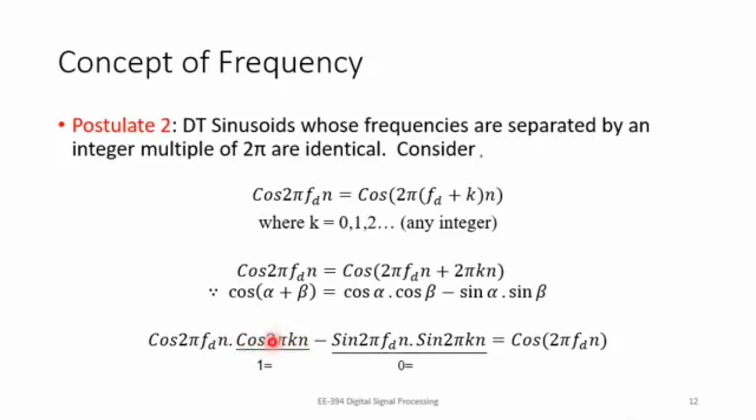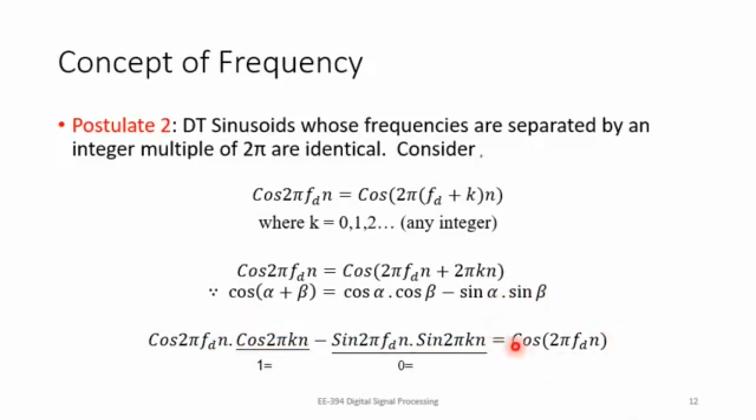So this is now 1, and similarly here k into n will be an integer, and sin 2 pi k n will become 0, thus making this entire expression 0. So this becomes 1 and this entire expression becomes 0, which leaves us with cos 2 pi fd n.